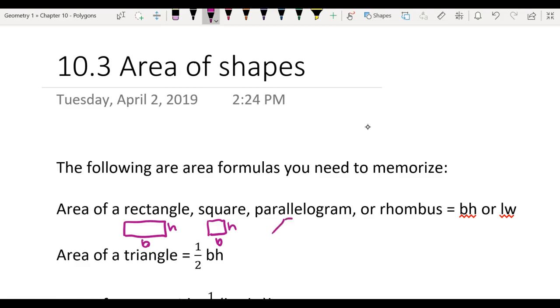A parallelogram, your base will be down here, your height will be a dashed line going through your figure. And that is also true for a rhombus. You have a rhombus, your base will be down here, you'll have your height as a dashed line going through. Okay? So all 4 of those have the same equation, base times height or length times width, however you want to look at it. Okay?